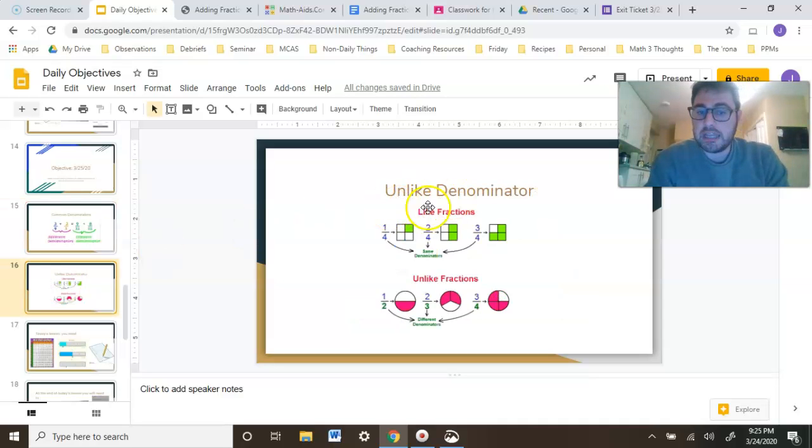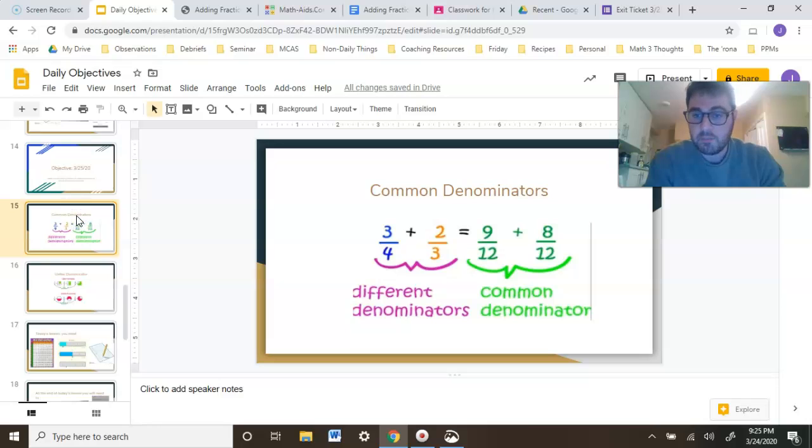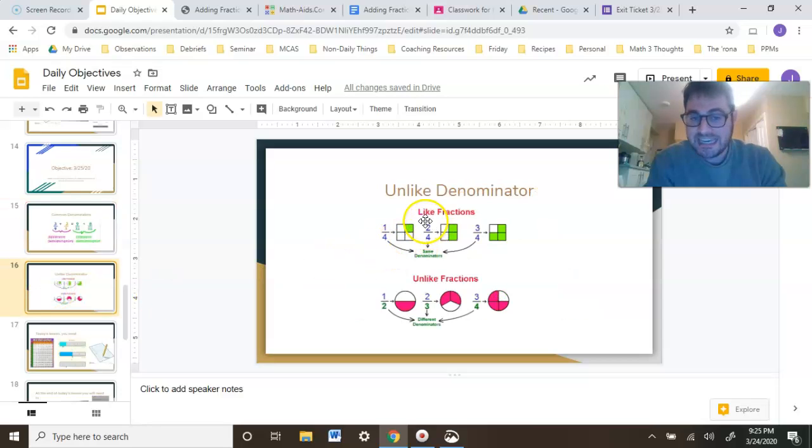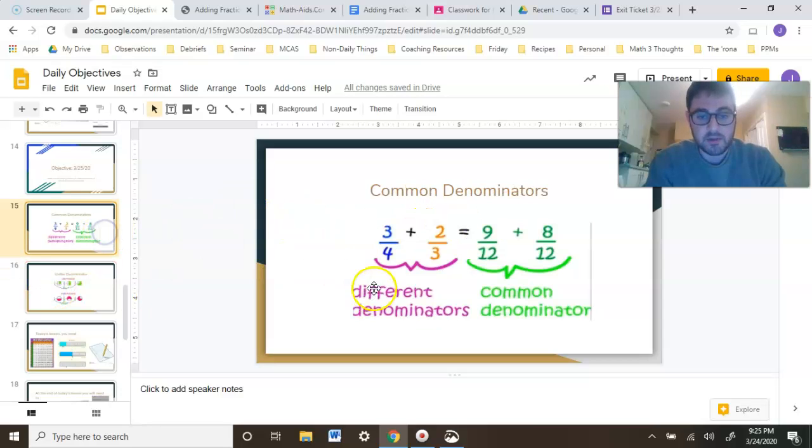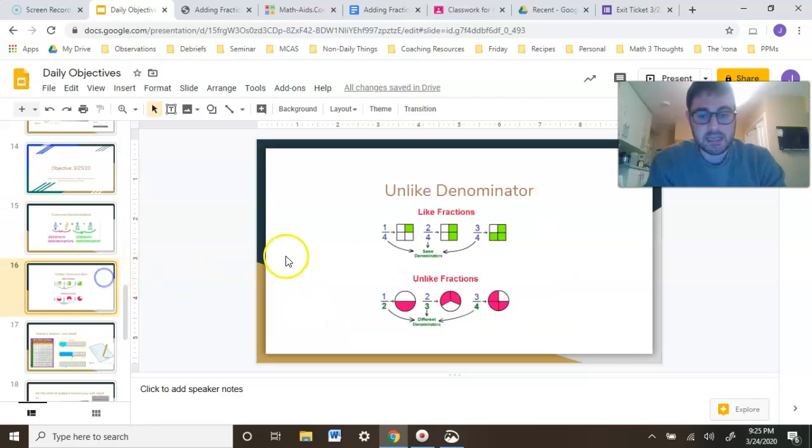And remember, unlike denominator is when fractions have different denominators. It's the same thing as here, pero es un nombre diferente. So we have common and like, and then we have different and unlike. Son la misma en concepto, pero nombres diferentes.